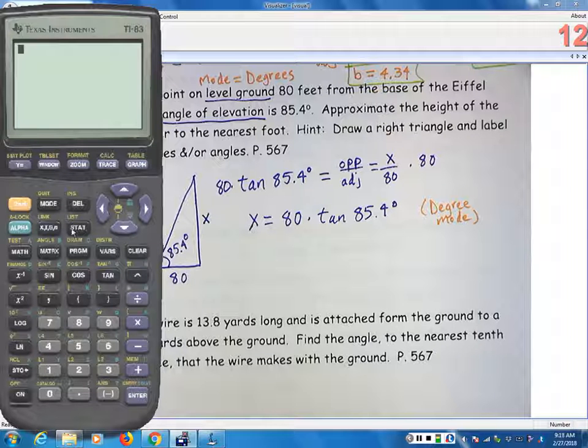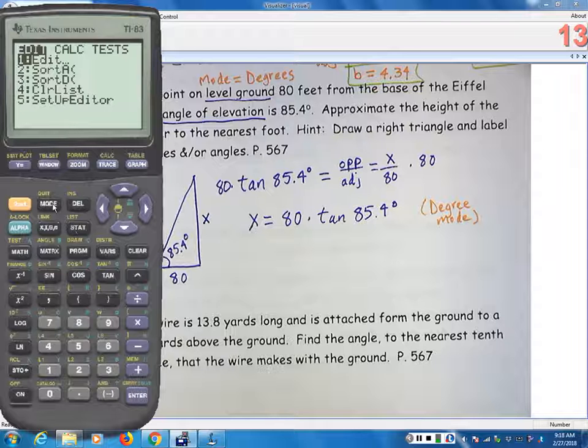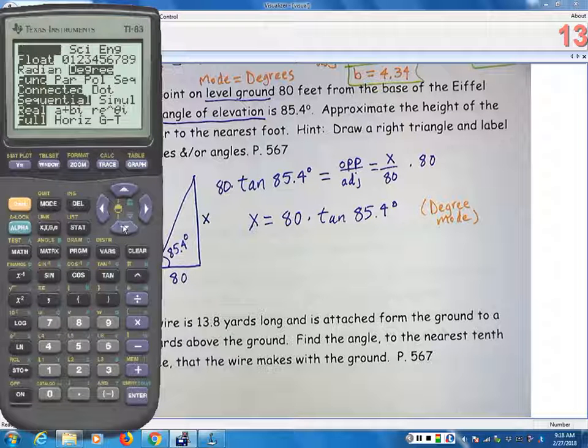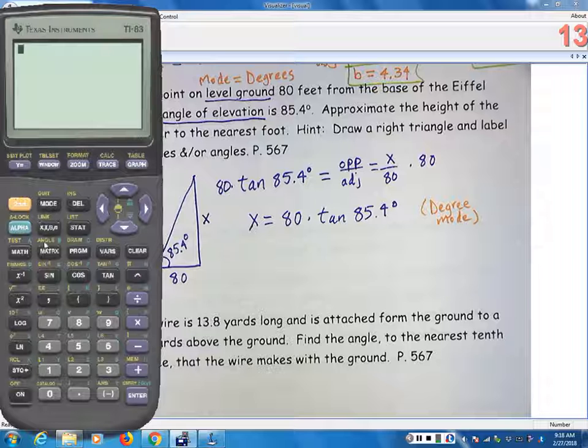You guys are in an upper level math class, so you put it in the wrong mode. I think you should be able to switch back and forth between degrees and radians. 80 times tangent of 85.4. And if we had it in radians, we get a ridiculous answer.